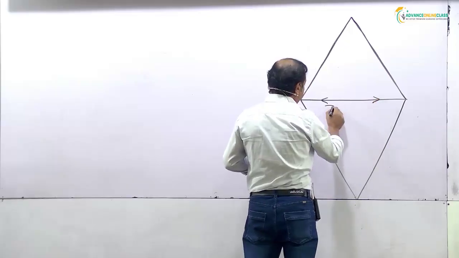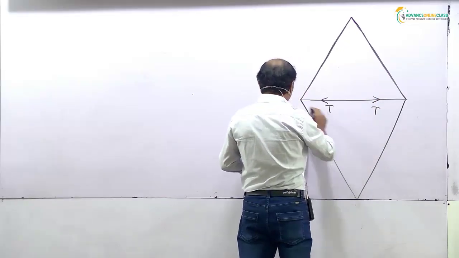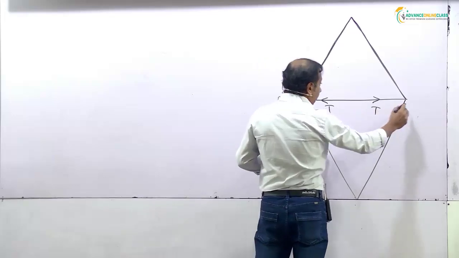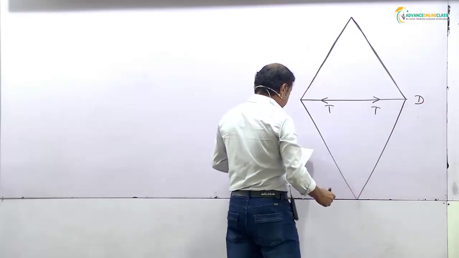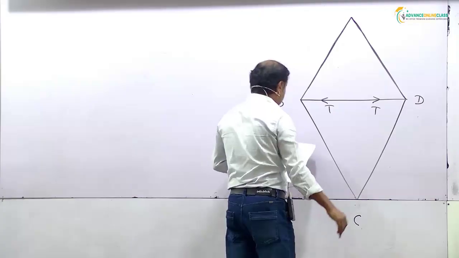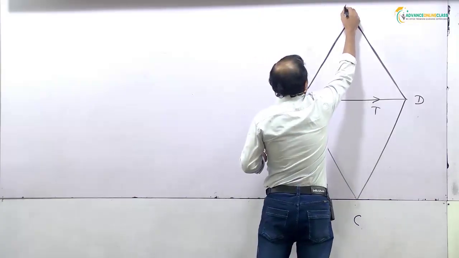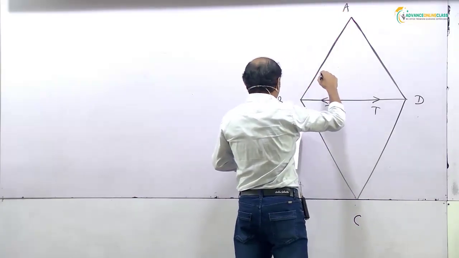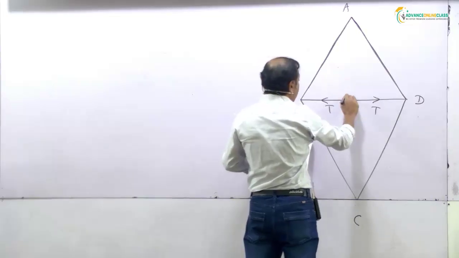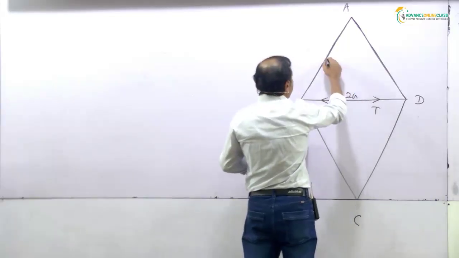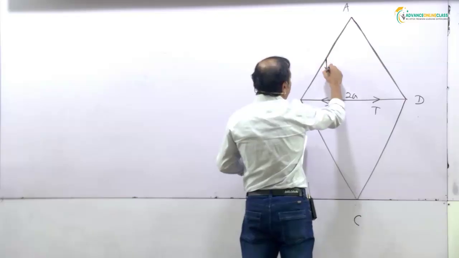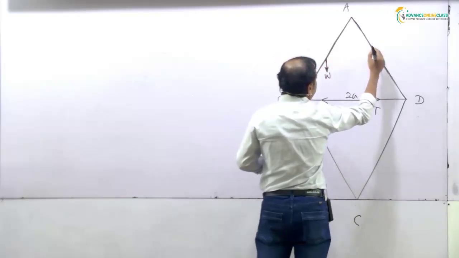Here must be A, B, B. This is C. This is 2A length. Uniform rods, weight W at the midpoint of each rod.